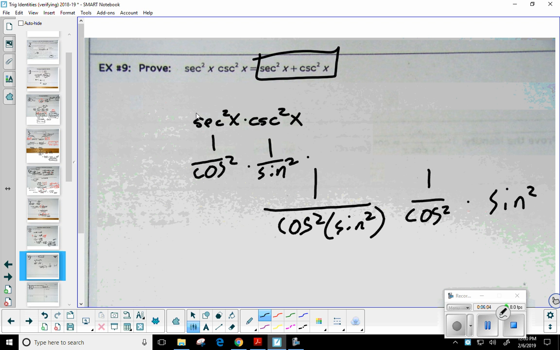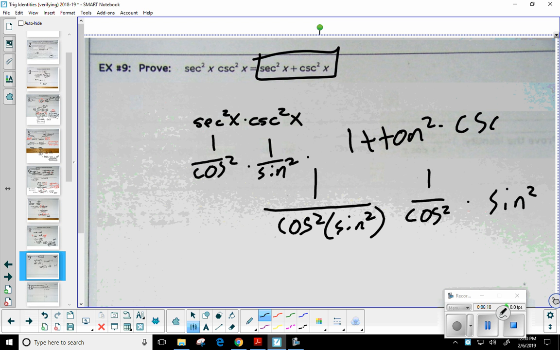Hold on. So if we break those apart, we could get 1 plus tangent squared times cosecant squared.